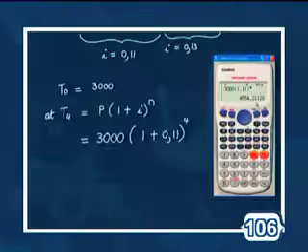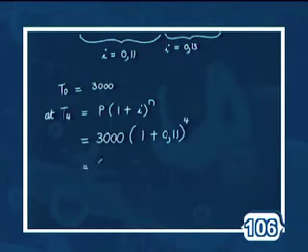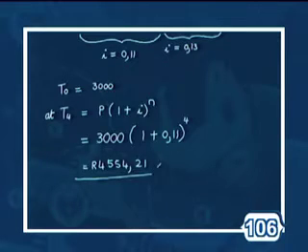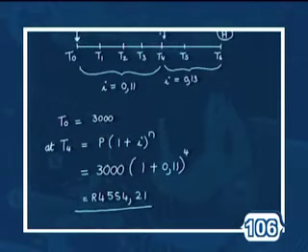Remember, we're working with money, so we are going to have 4554.21. So let's just be aware that that is the amount that she would have available to her at time T4. But that amount becomes her new investment going forward for the next time period.